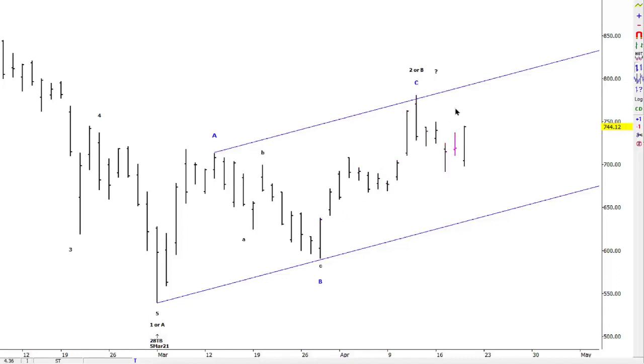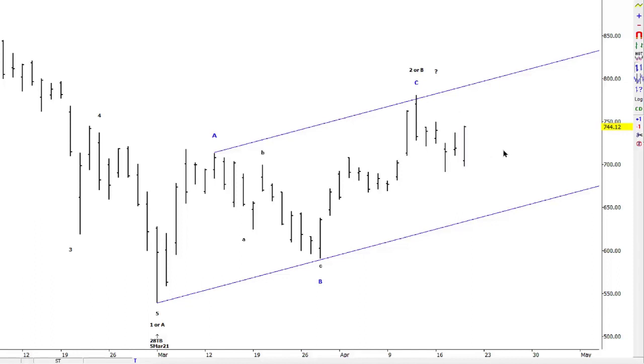But let's just say we have some other technical positions, maybe time positions or price positions, that we believe with fairly good confidence that indeed we've completed a correction here. So we want to identify a pattern reversal signal that will give us an early warning that indeed we've completed this correction, and we can consider either that reversal signal to adjust our stops closer to the market, or even to consider a short trade.